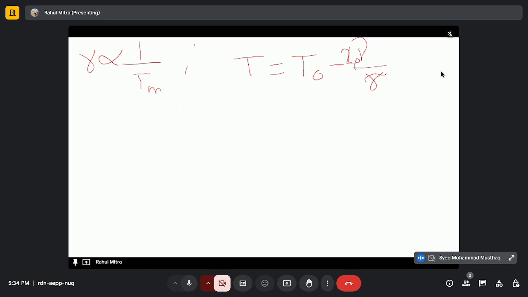I'll write it with some constant C1 multiplied by gamma, the surface energy, which depends upon the size of the particle, divided by R. So this is the melting temperature relation.